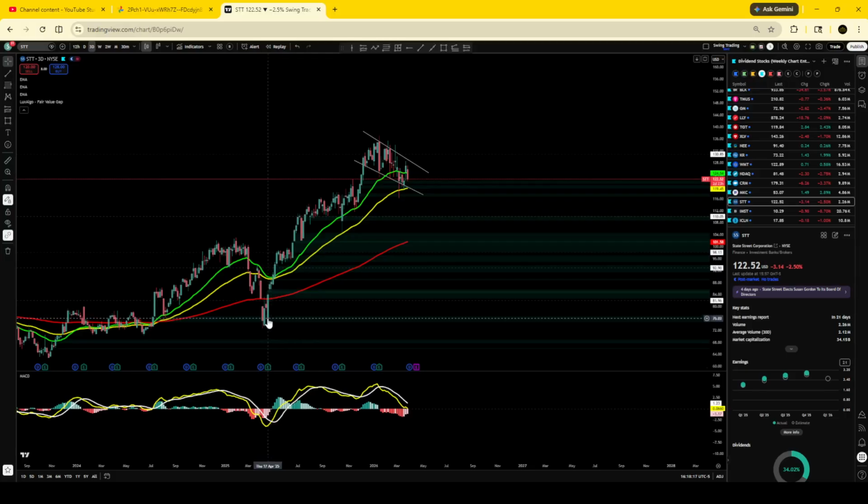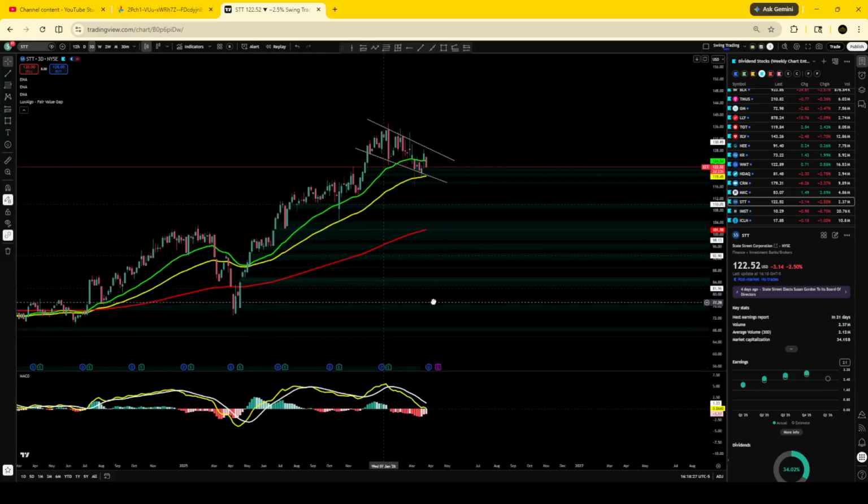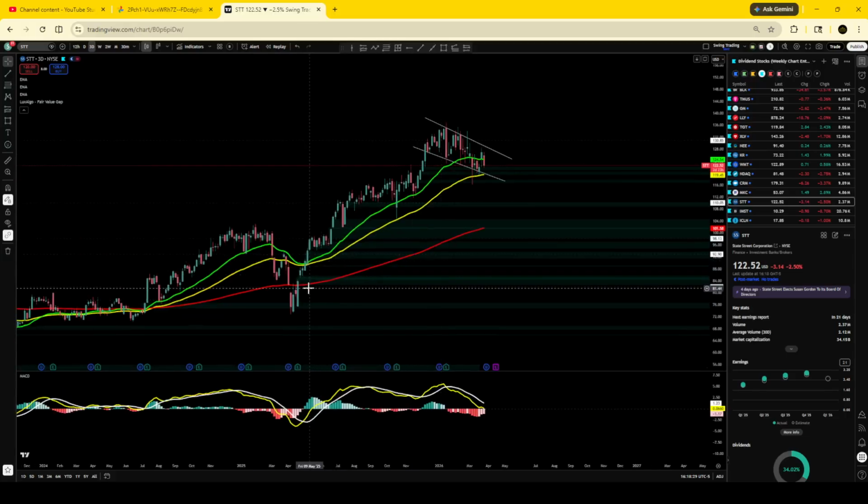MACD confirms bullish momentum. It's confirming the bullish momentum, changing from red to green. EMA stack confirms trend, all on top of each other. Green, yellow, red. That's a high probability buy. Notice how everything aligns before entry.